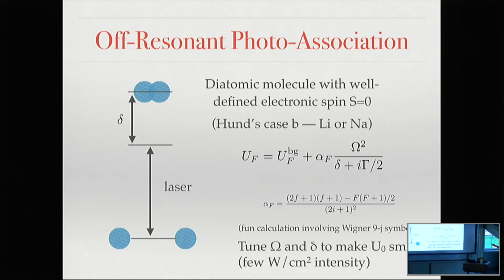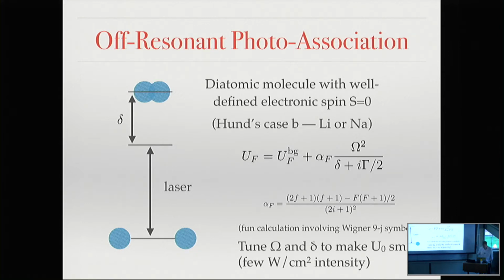So you're getting a shift that's proportional to the intensity of your laser and inversely proportional to your detuning. You can do a little exercise in Clebsch-Gordan coefficients and calculate what these coefficients should be. The key point is that they're a monotonic function of this big F. So if initially all of these background U's are the same, you can tune this term in principle so that U0 becomes very small, but all the others aren't made small.